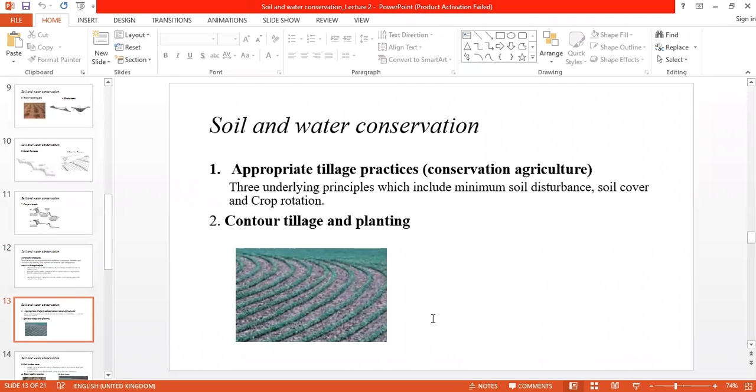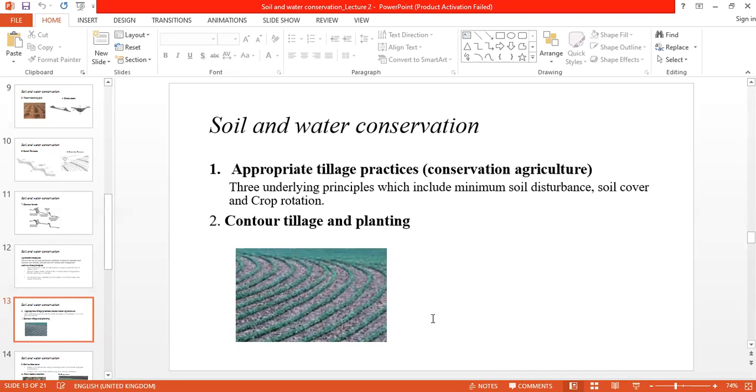The first practice that we can think of is obviously conservation agriculture, because this is agronomic, so we are looking at it from an agricultural point of view. It's a practice which also works on three principles.